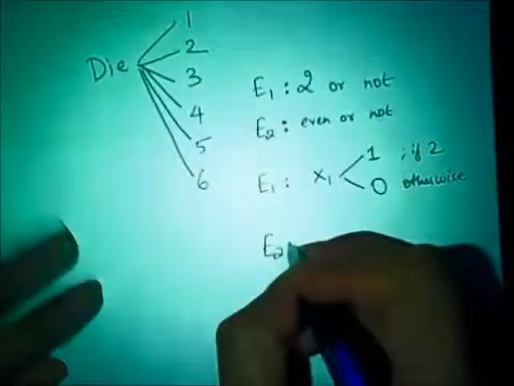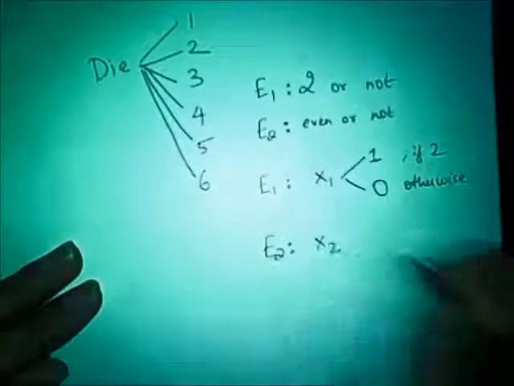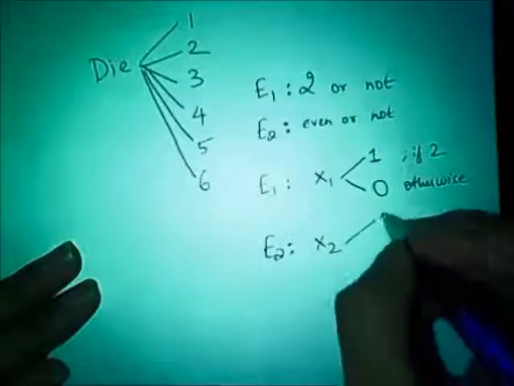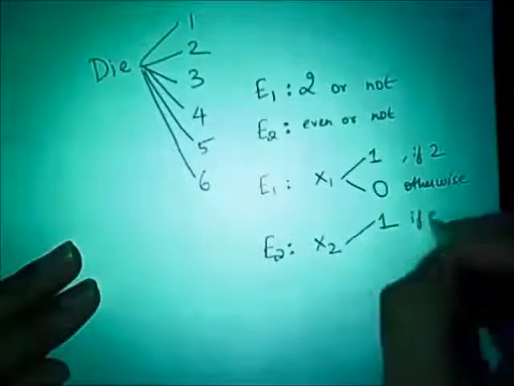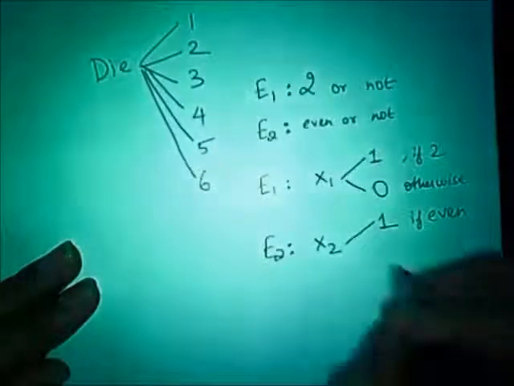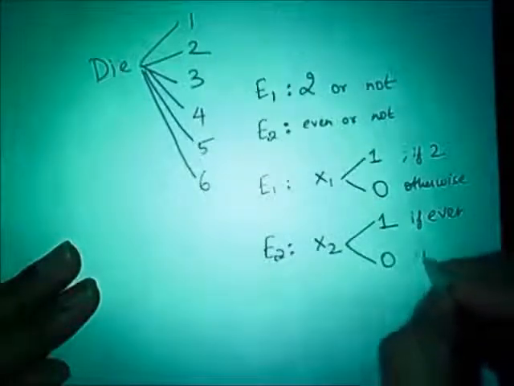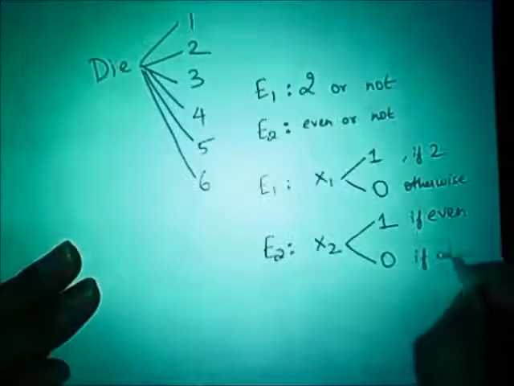Similarly, E2 would be a random variable that's defined by x2, which would be 1 if I get an even number, and it would be 0 if I get odd number.